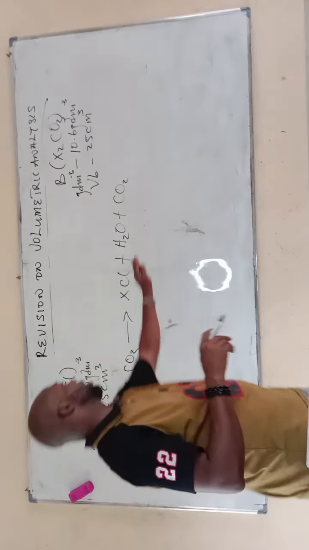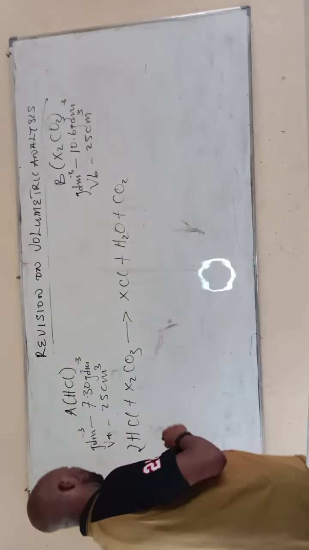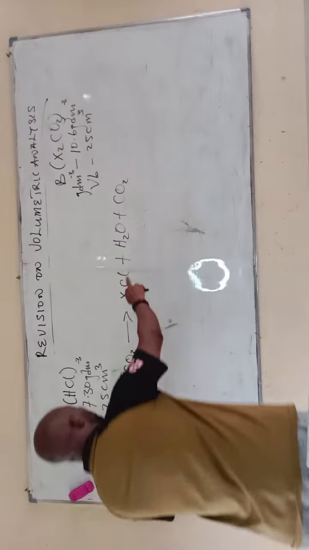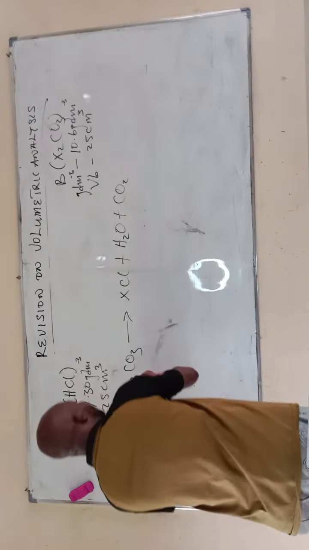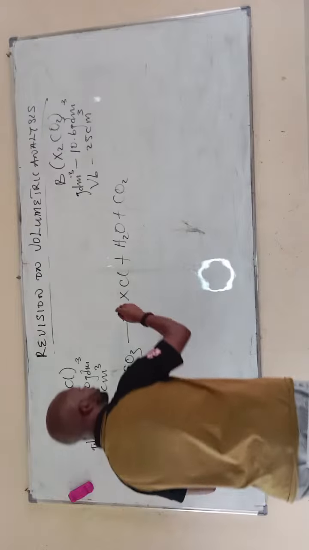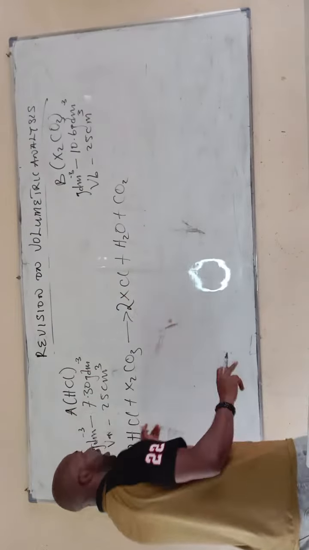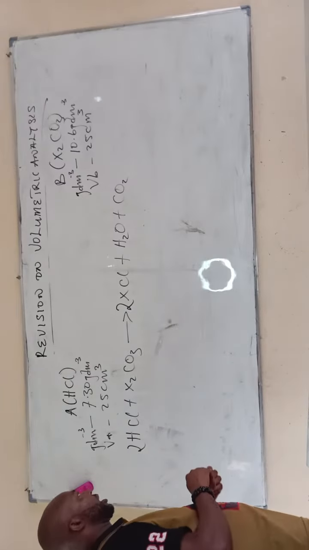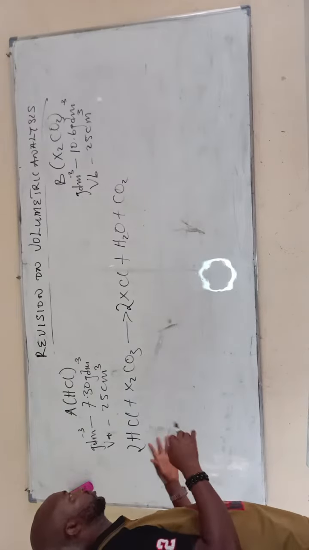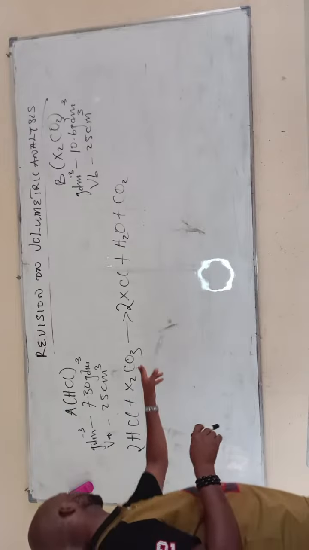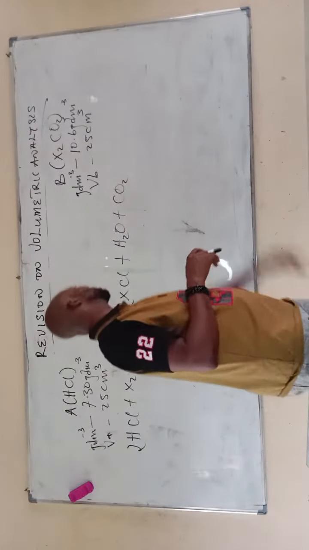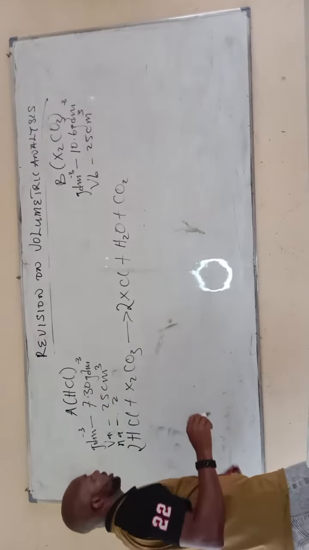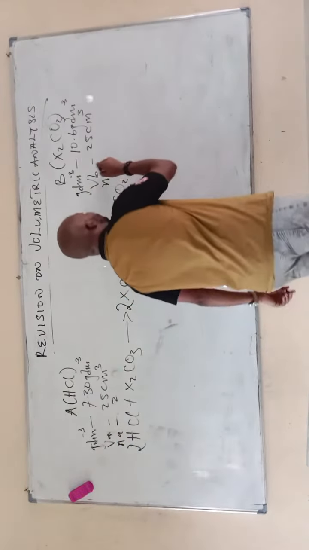I have 2 chlorine, I have 1 chlorine. And I have 1 X, I have 2 X. So if I put 2 here, I have 2 X and 2 chlorine. That is also balanced. Water has hydrogen 2, and oxygen now is 3, 1 plus 2, 3. So my equation is balanced. So my number of moles of acid here is 2, and my number of moles of base nB is 1.